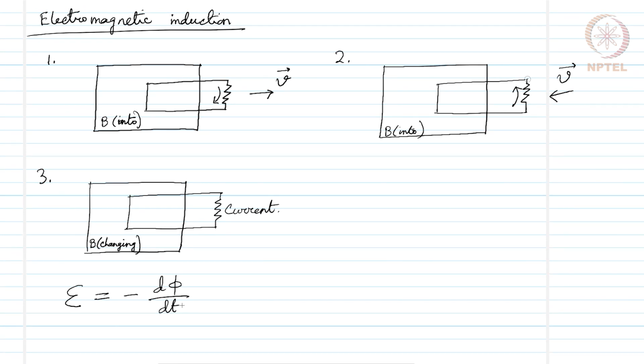Now, what we learned from this experiment was that a changing magnetic field induces an electric field, otherwise there would be no current.